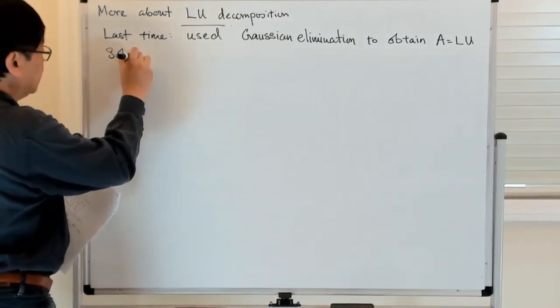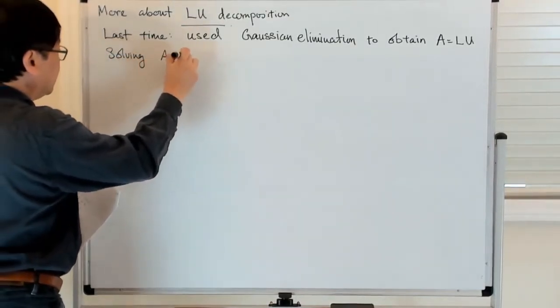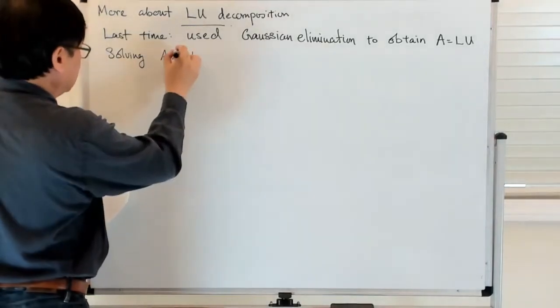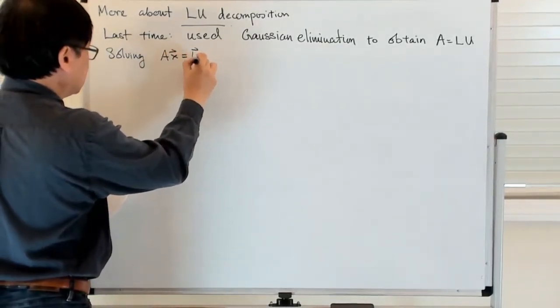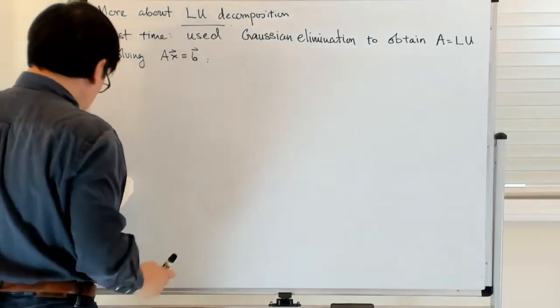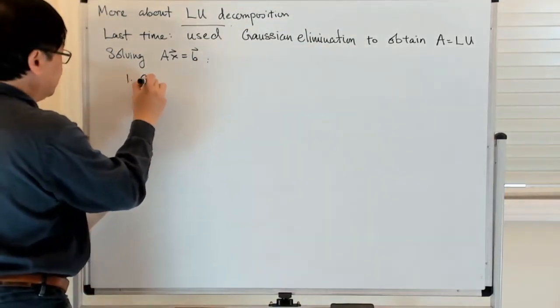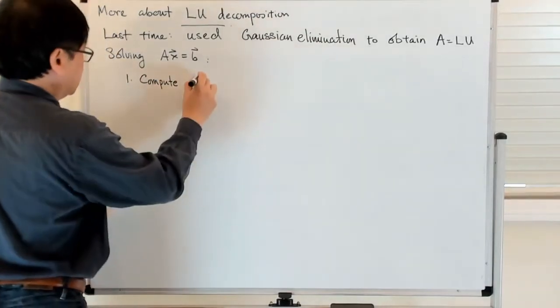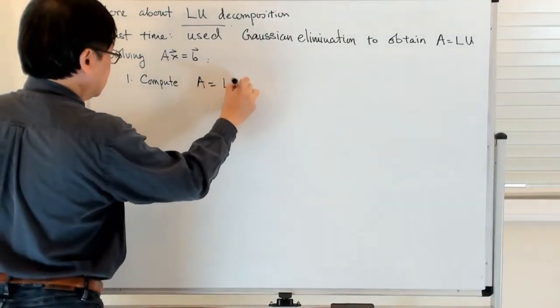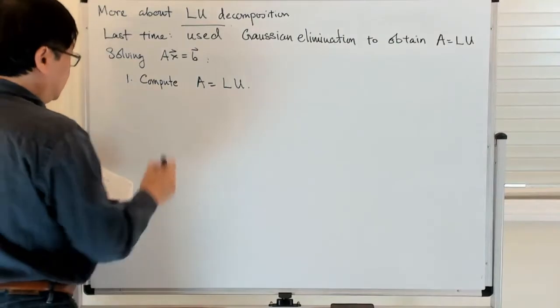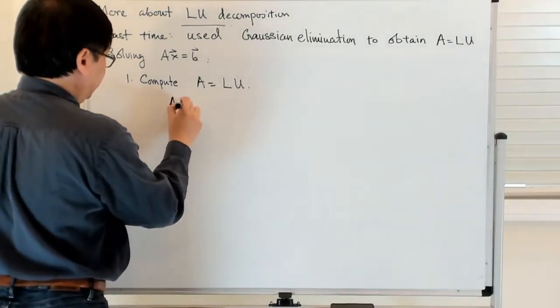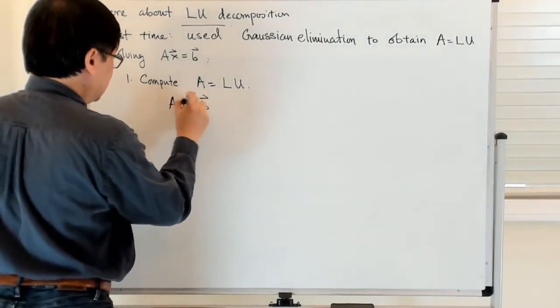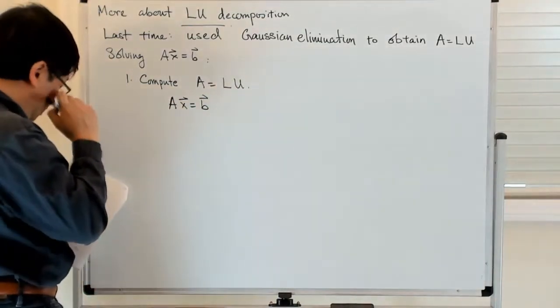So solving Ax = b. The first thing you do is you compute this LU decomposition. And then, of course, that means that instead of Ax = b, I can substitute A equal to LU.